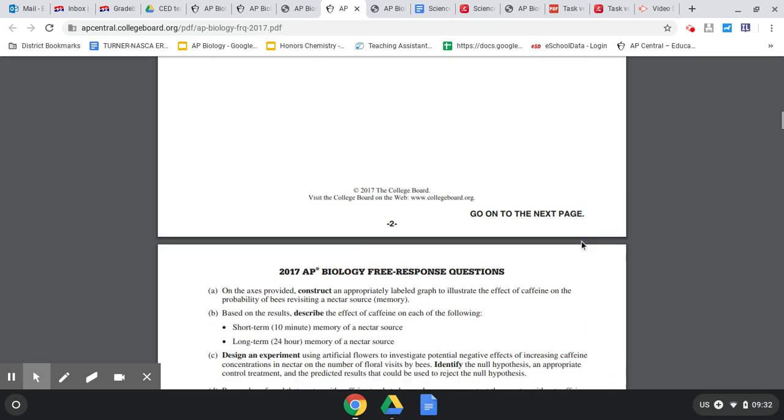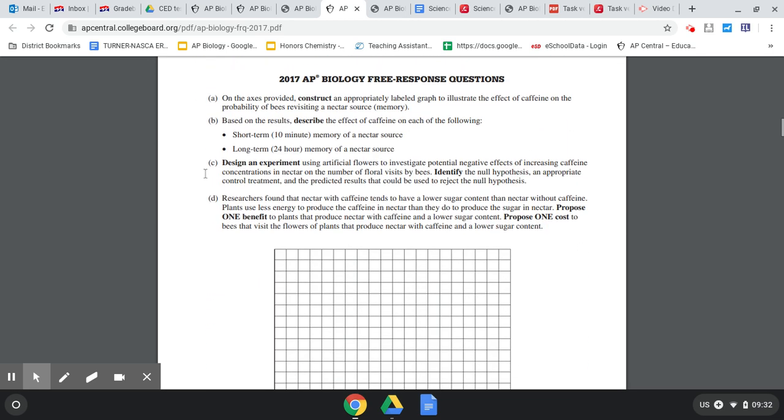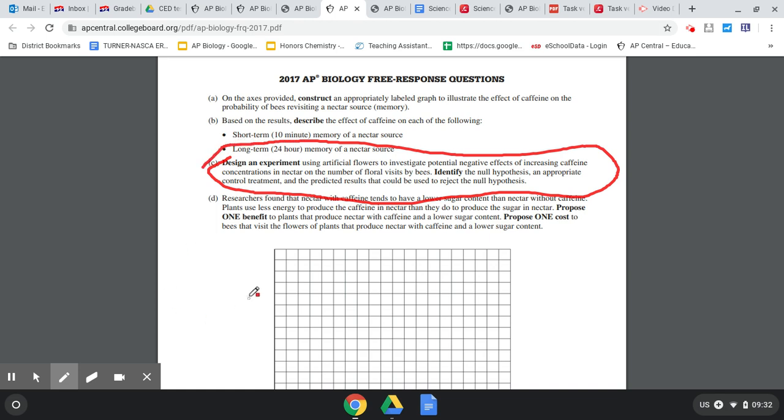But then if you come down here, it says design an experiment using artificial flowers to investigate potential negative effects of increasing caffeine concentration in the nectar on the number of floral visits by bees.